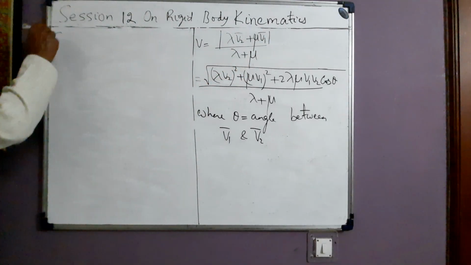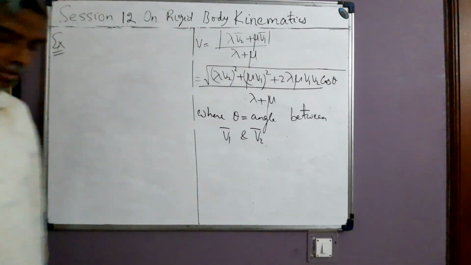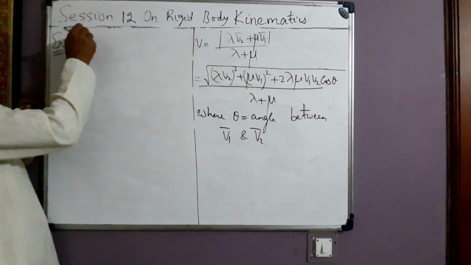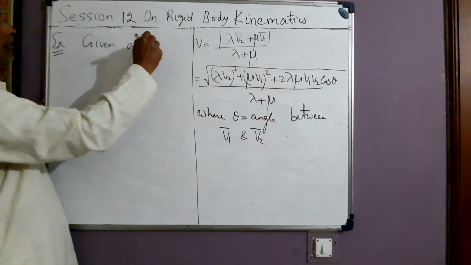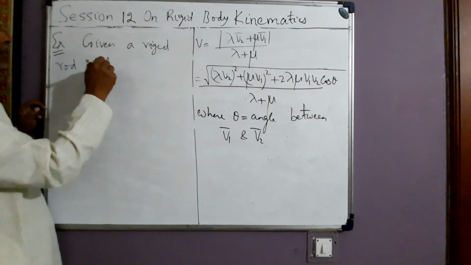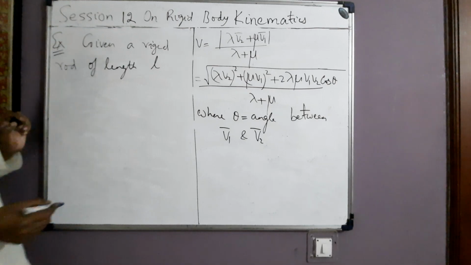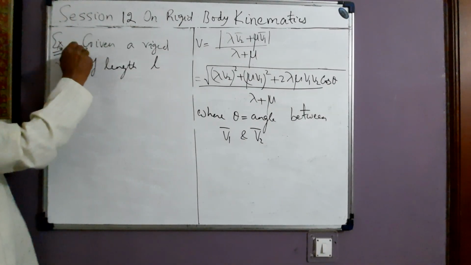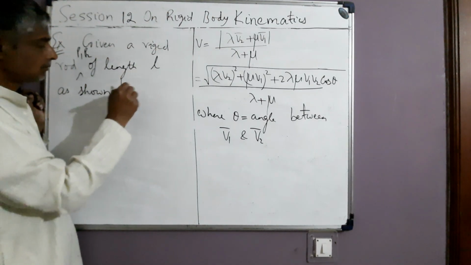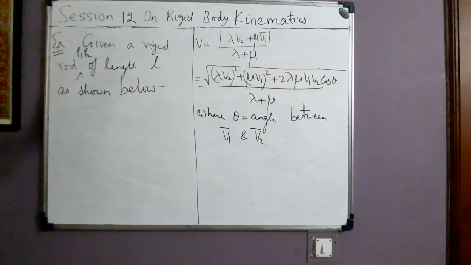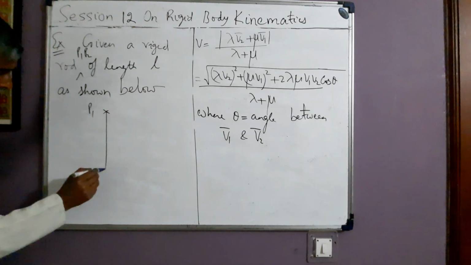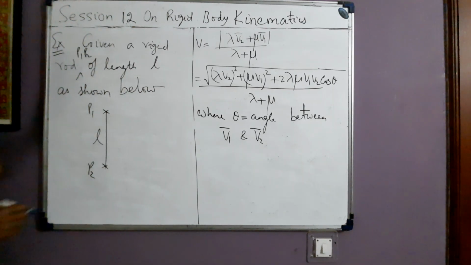The problem is this. Given a rigid rod P1 P2 of length L as shown below. This is the length L.